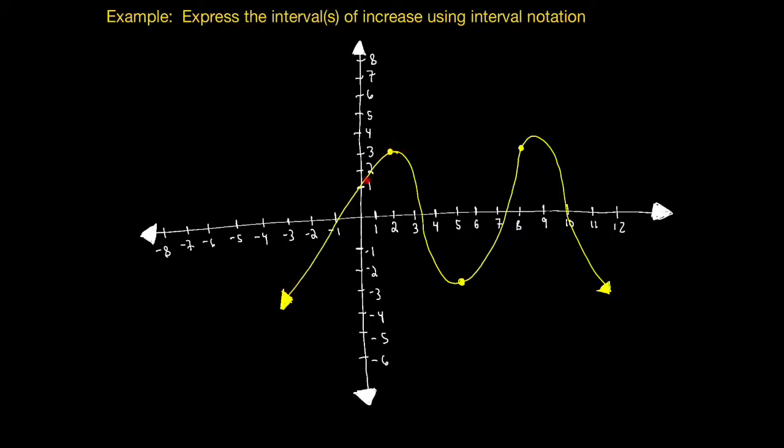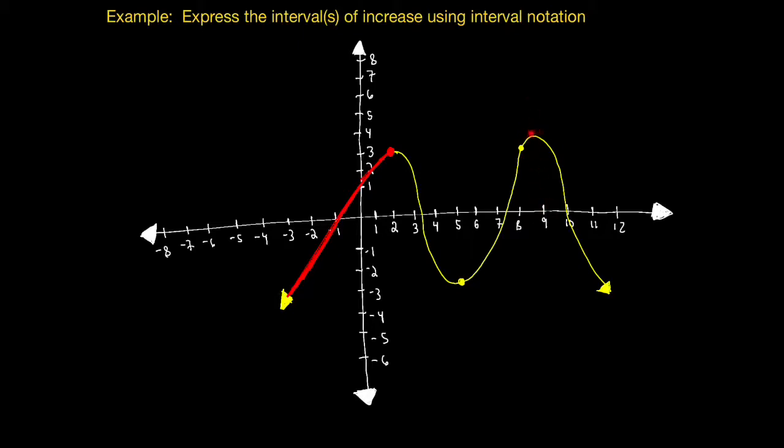So let's go ahead and highlight this in red. And now we want to continue to see if we have more than one interval of increase. Past this 2 point, we see a decrease now, so we're going to ignore this. And right here, past this point, we're going to see another increase, another upward movement that's going to go all the way up to this peak right here.